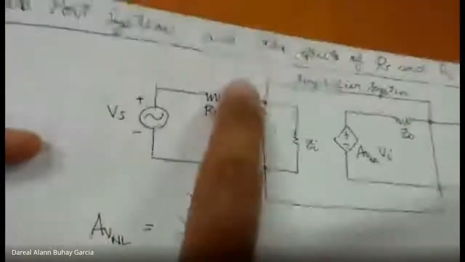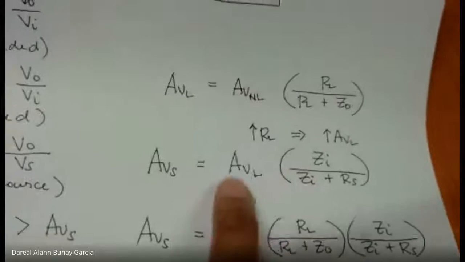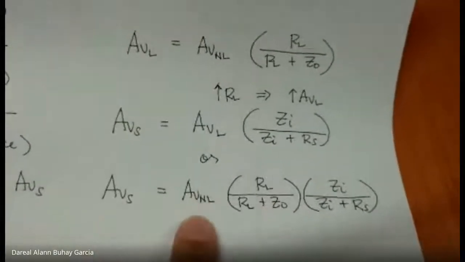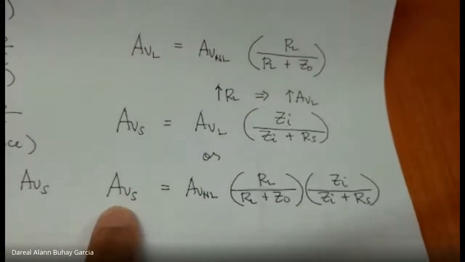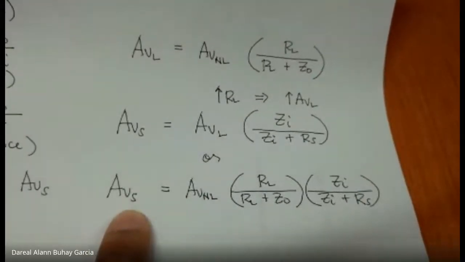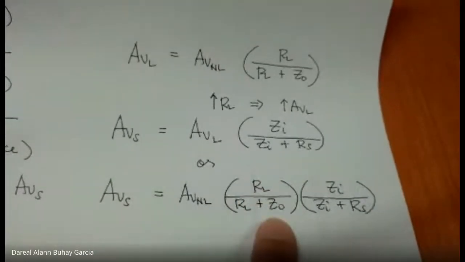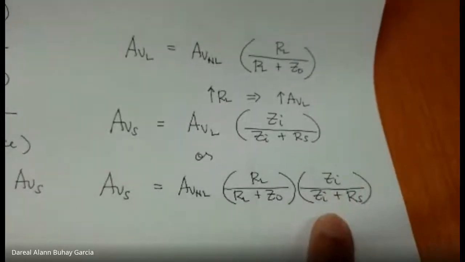That is the voltage divider for this part. If we combine these using AV no load, the voltage gain with the effects of RS and RL is equal to AV no load times the voltage divider RL over RL plus ZO, times ZI over ZI plus RS. That's it.